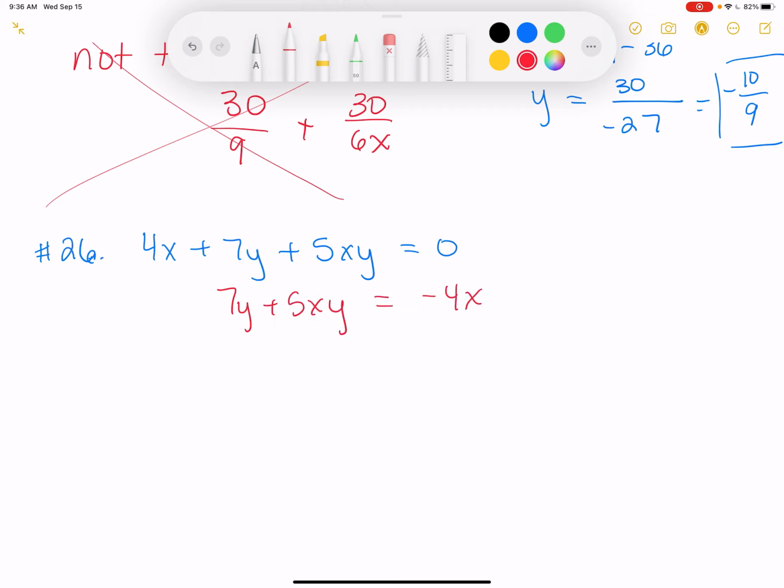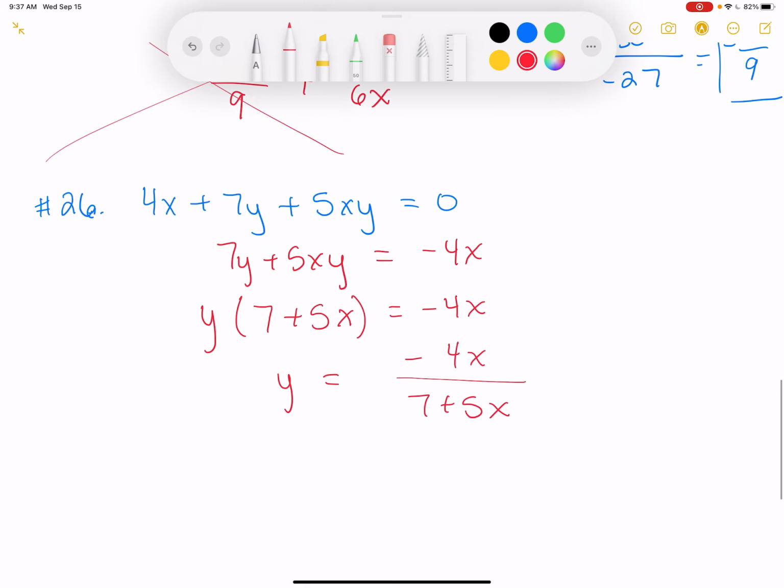Now we can do the factoring. Now I can take the y out: y times (7 plus 5x). Then we divide. Oh, and I forgot to tell you what x is equal to, so you can't really do anything yet. Oh, x is equal to 1.